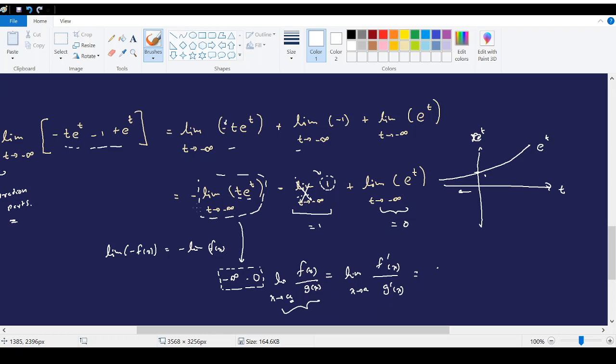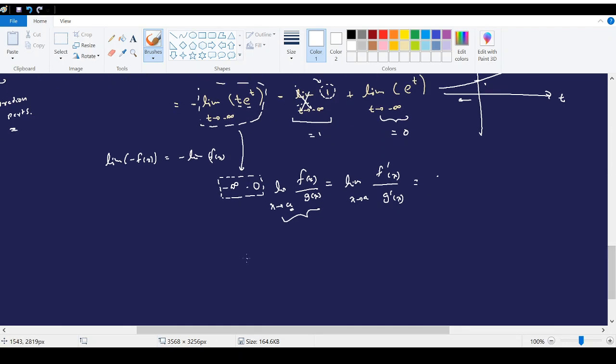So what we are going to do is adapt L'Hopital's rule for t times e^t. To apply L'Hopital's rule we need a fraction somehow, so we should try to see this t times e^t as a fraction. What we can do is write it as t over e^(-t). Then to apply L'Hopital's rule, we differentiate top and bottom.